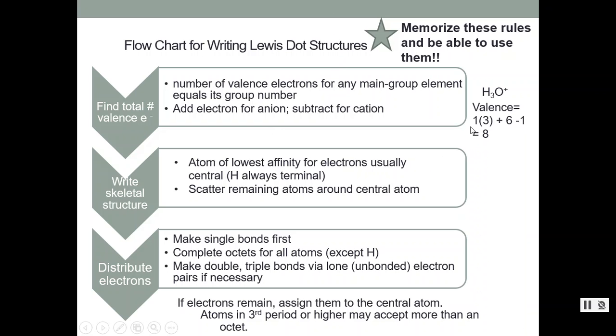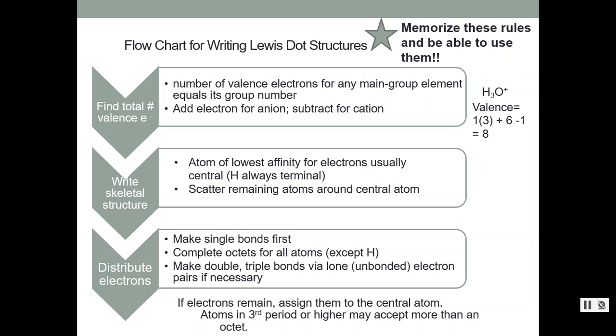So I need to multiply 3 by 1 for each hydrogen. Oxygen is in group 6, so I add 6 electrons. But to take care of that +1 charge, I need to subtract 1 electron, since electrons are negative, to get my total valence for that molecule as 8. So in my Lewis dot structure for H3O+, I will be using 8 valence electrons.